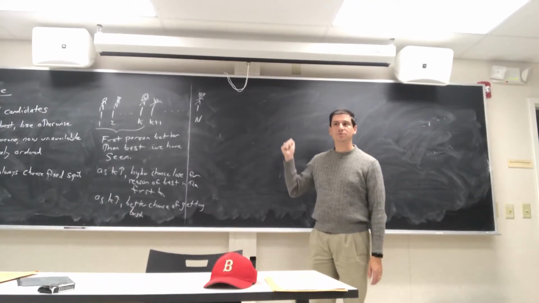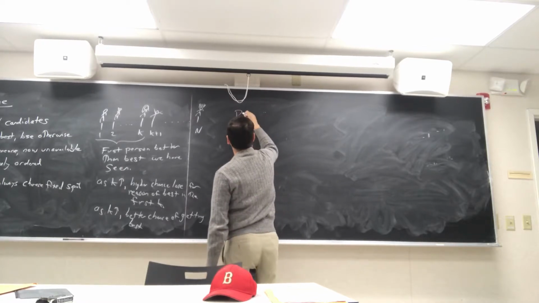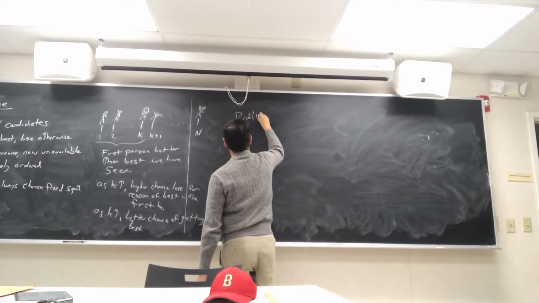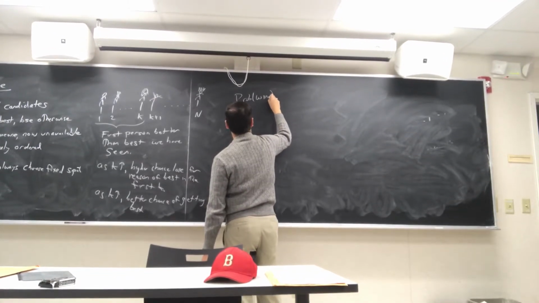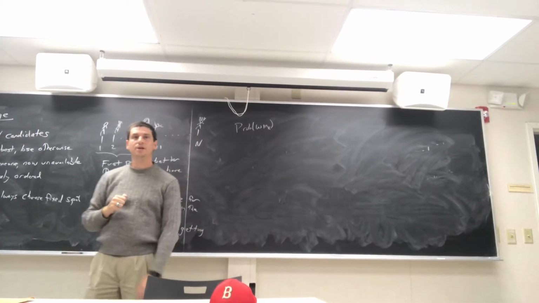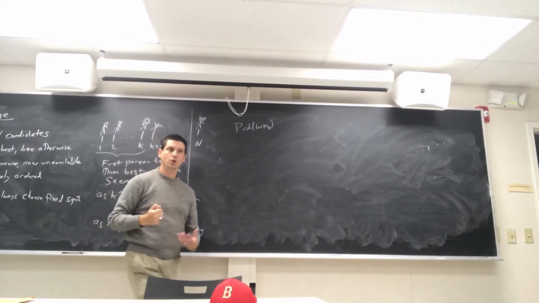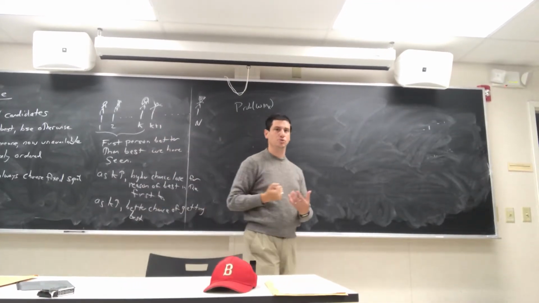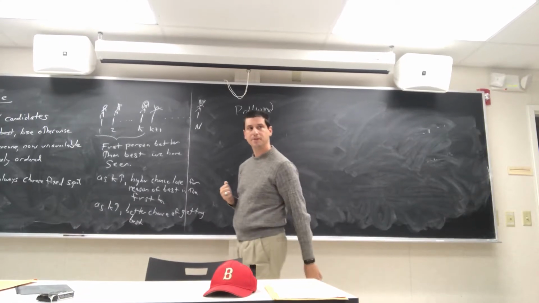So let's analyze the probability of a win. So the probability that we win, and I'll put a K there to remind myself that we are choosing to look at the first K and then picking the best person afterwards. So what percent of the time do we always lose? Yes, K over n.